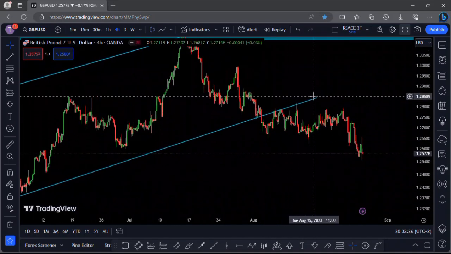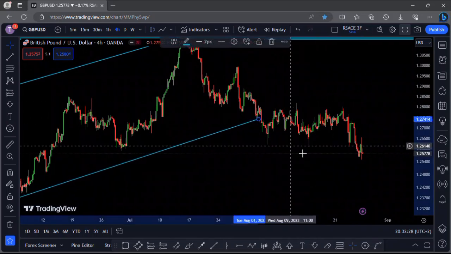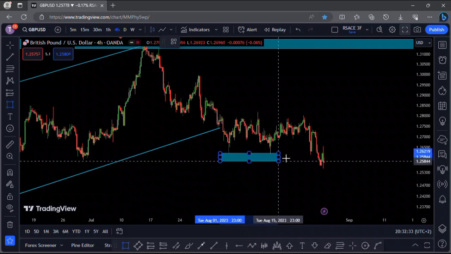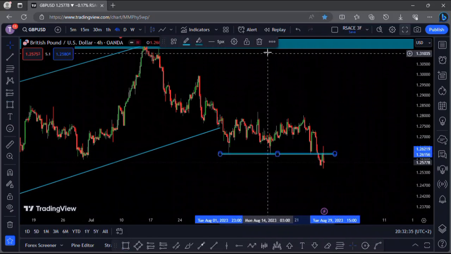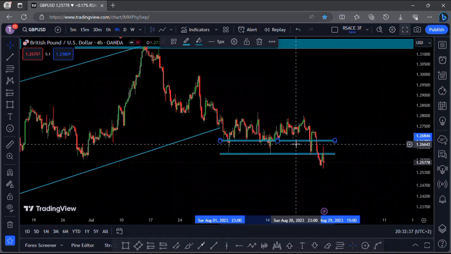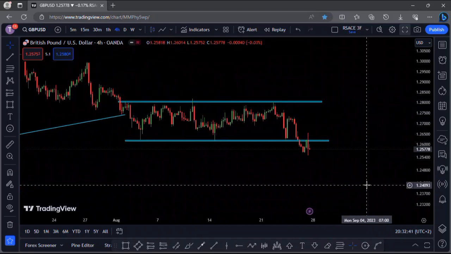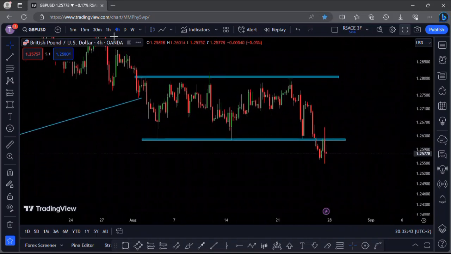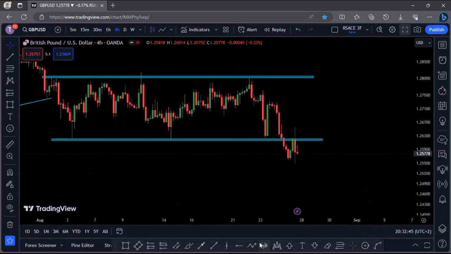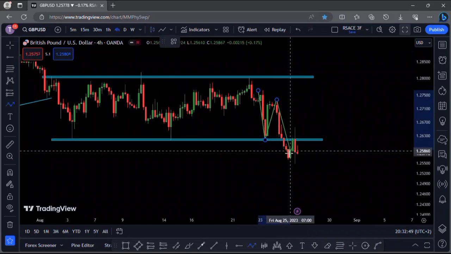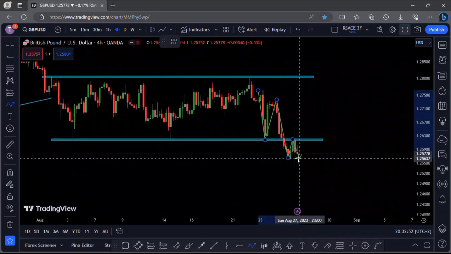So how do I look for selling opportunities in such a case? Okay, we all can see that we have something of this nature. Ooh, this pair is very clean. We have something of this nature whereby support has now turned into a resistance.